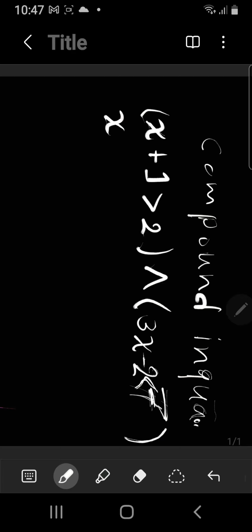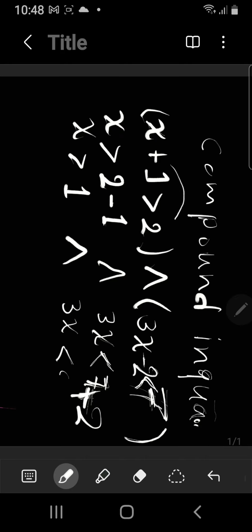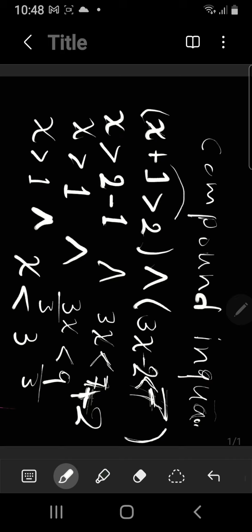We have x bigger than, transfer it to the other side, 2 minus 1, x bigger than 1, and 3x minus 2, 3x put it down, less than, transfer negative 2 to the other side, 7 plus 2, and 3x less than 9. x bigger than 1, and dividing 3x by 3 for each side, x less than 3. We got x bigger than 1 and x less than 3.